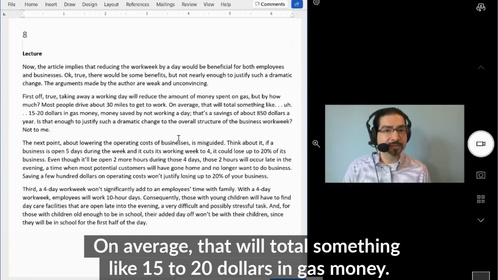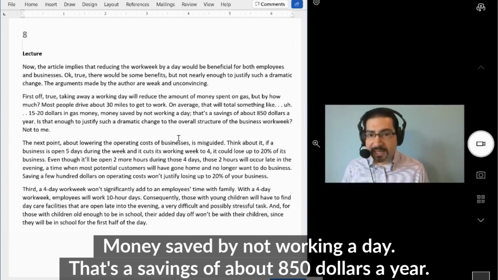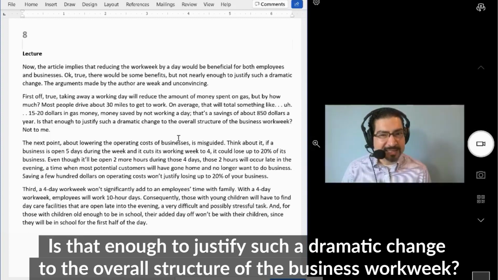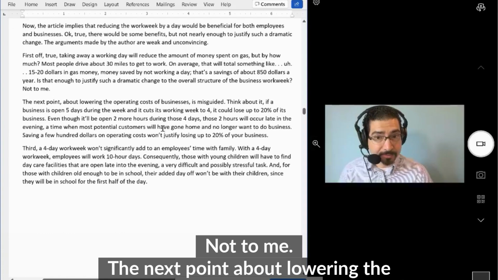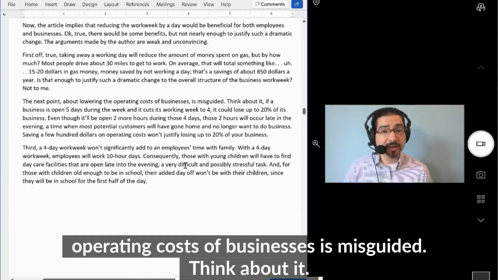On average, that will total something like $15 to $20 in gas money. Money saved by not working a day, that's a savings of about $850 a year. Is that enough to justify such a dramatic change to the overall structure of the business work week? Not to me.